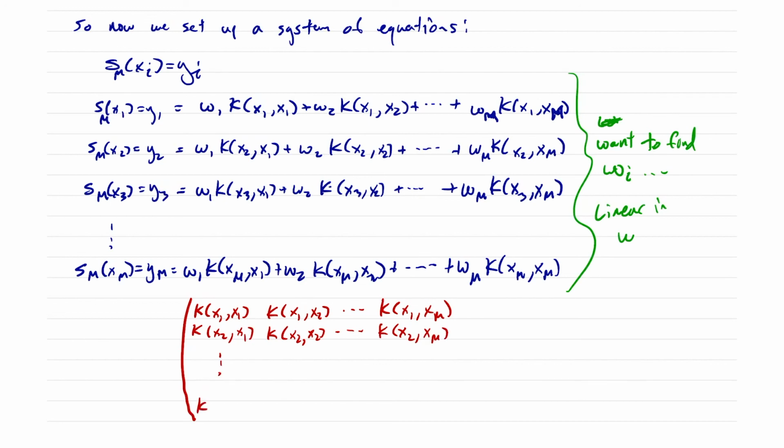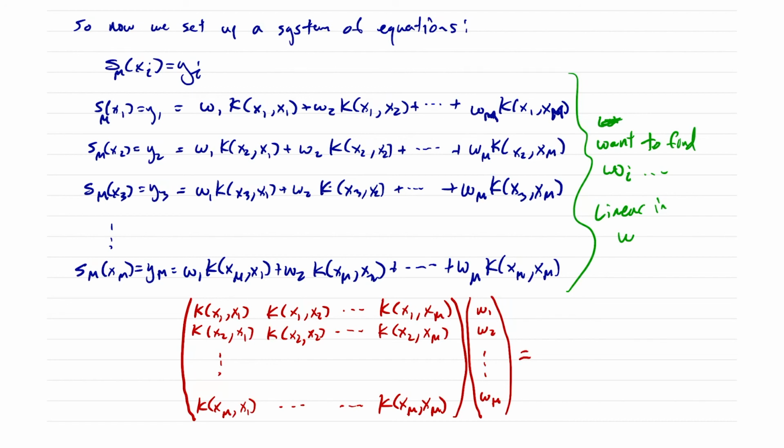We follow this down until we get to k xm x1, all the way to k xm xm, and this is being multiplied by w1, w2 down to wm. That represents all of this stuff. On the other side, we have our outputs from our samples: y1, y2 down to ym. And there we go.